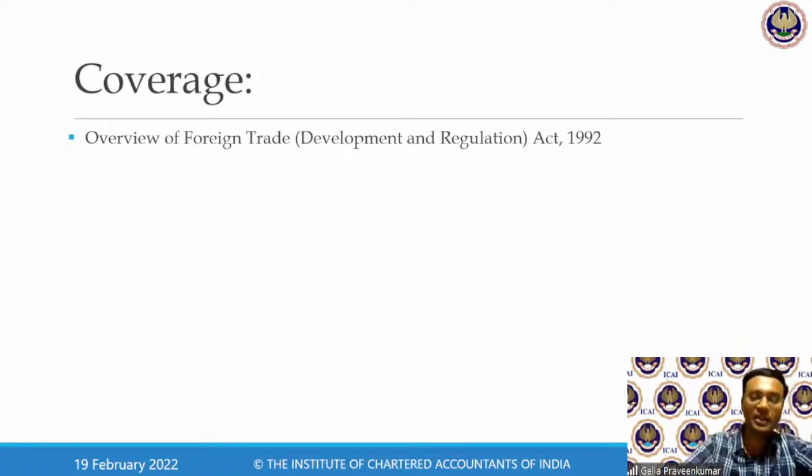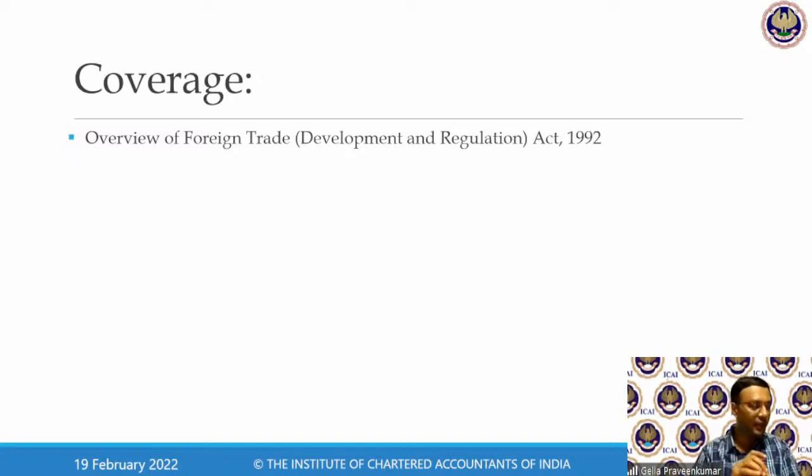At that point in time, the Government of India came up with this Foreign Trade Development and Regulation Act. Most of the aspects we discuss in foreign trade policy are in line with World Trade Organization practices: the duty exemption schemes, incentives provided to traders, and the norms thereof. All those aspects are global practices.